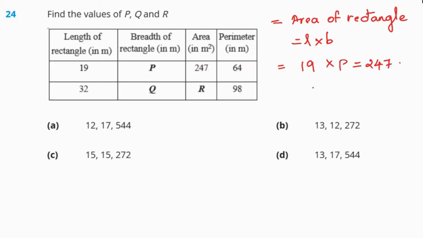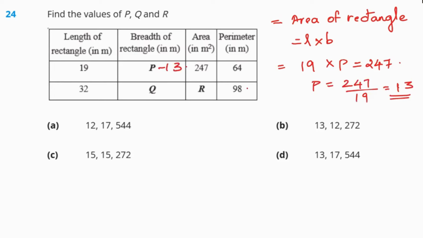To find P, when we bring the 19 to the right side, it becomes divide. So 247 divided by 19 we have to do here. Here we will get 13. So the breadth is 13, and the value of P is 13.